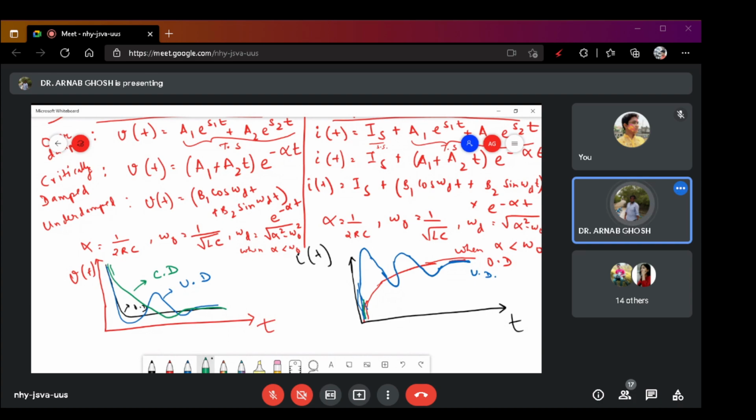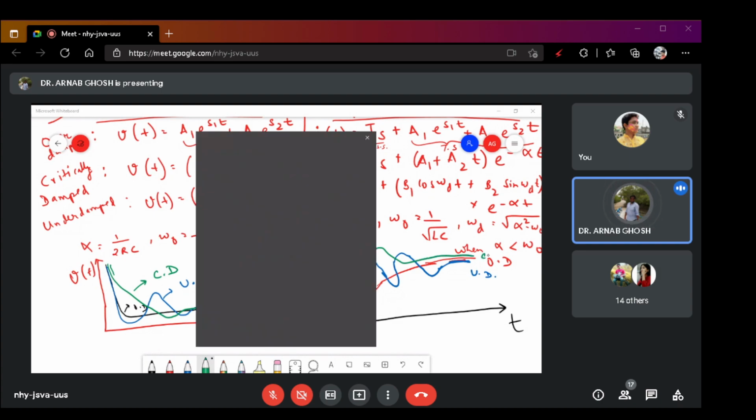So this will just go up to this point, and then it will settle down. This is the critically damped case.